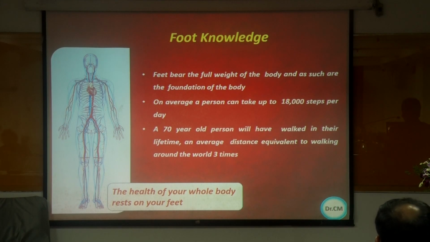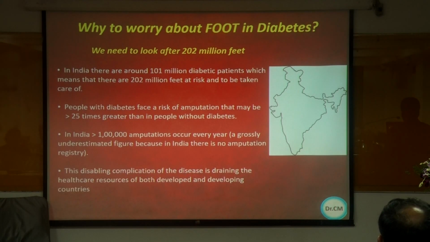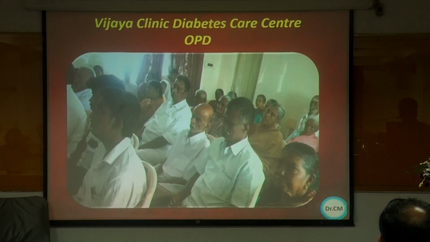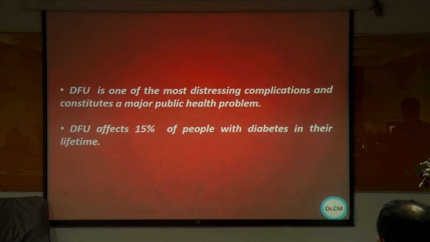Basic foot knowledge: feet bear the full weight of the body. As such, they are the foundation of the body, and the health of your whole body rests on your feet. Diabetic foot ulcer is one of the most disabling complications, and it constitutes a major public health problem.